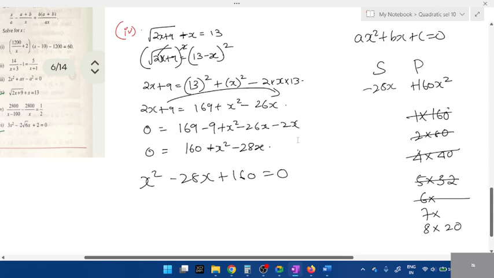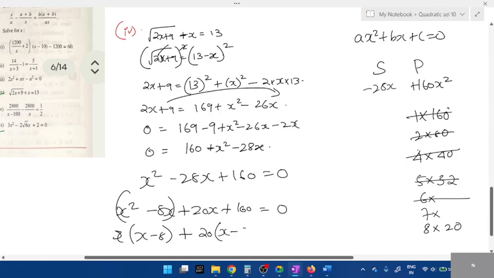Okay, what was the answer, students? x square. How did you split 28? 8x plus 20x plus 160. And when you group, 8x is common there. Okay, plus, yes, 20 is common, x minus 8 is equal to, yes.